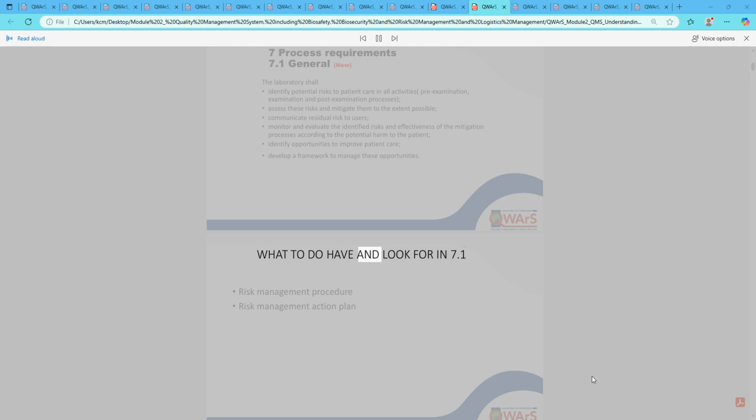What to do, have, and look for in 7.1: Risk Management Procedure, Risk Management Action Plan.